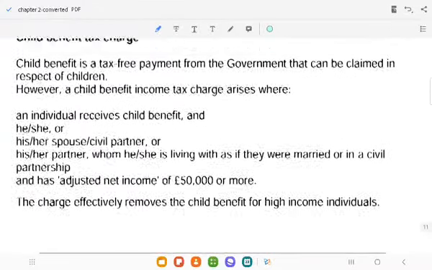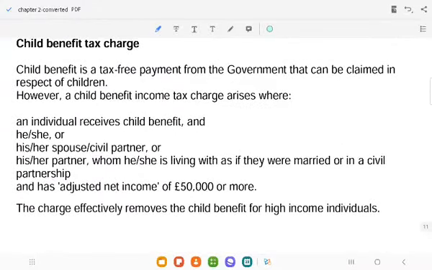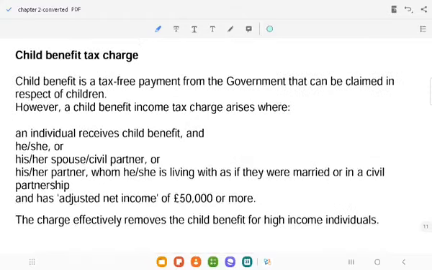Or you can say that if the adjusted net income is between 50,000 and 60,000, you have to calculate the child benefit charge. In other words, if a person is receiving child benefit and his adjusted net income is up to 50,000, there is no tax liability for this child benefit.